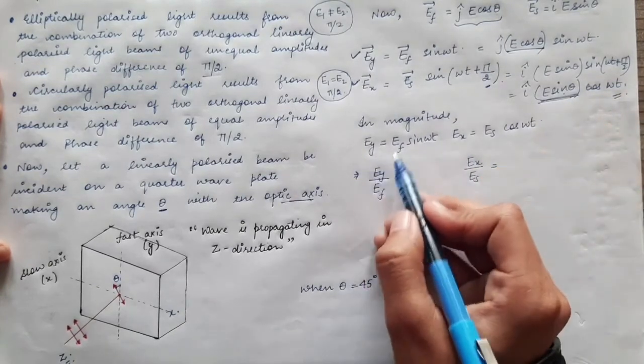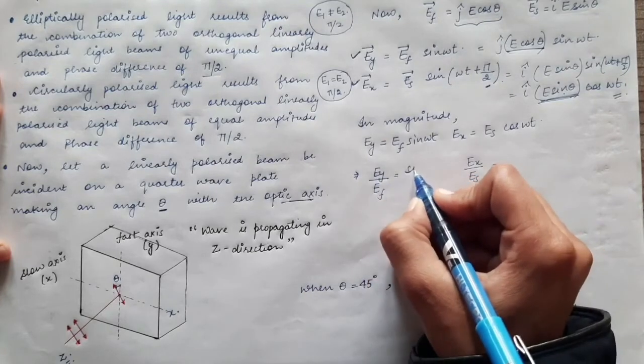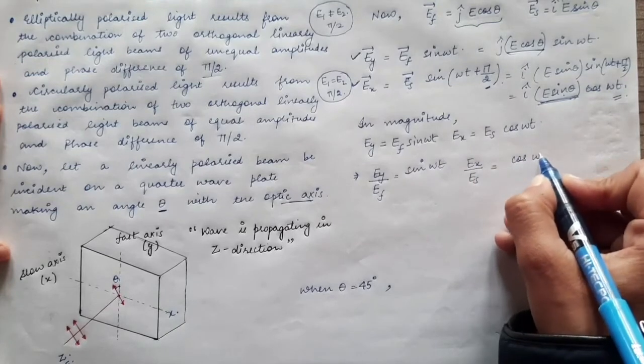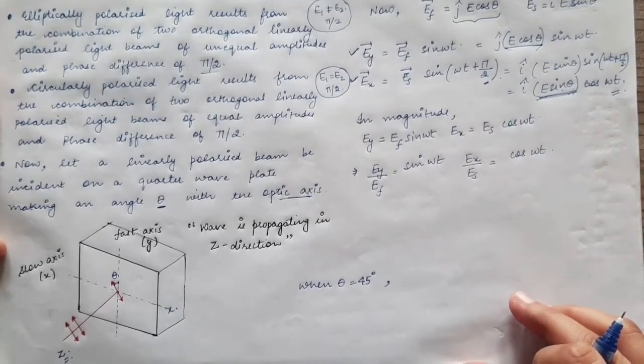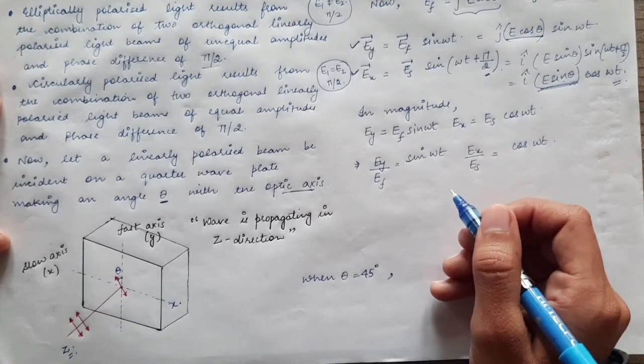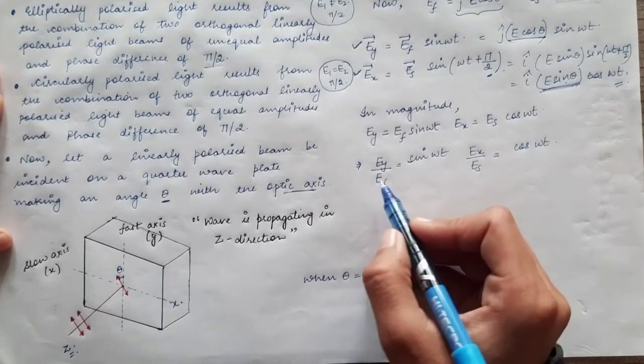So from here EY divided by EF will be equal to sine of omega t, and EX by ES will be equal to cos of omega t. This is what we get after introducing a pi by 2 phase difference between the two components.